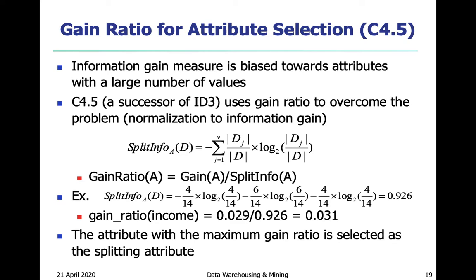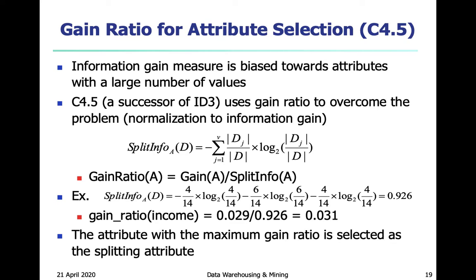corresponding to the v outcomes of a test on attribute A, and for each outcome it considers the number of tuples having that outcome with respect to the total number of tuples in D. So it differs from the information gain, which measures the information with respect to classification that is acquired based on the same partitioning.